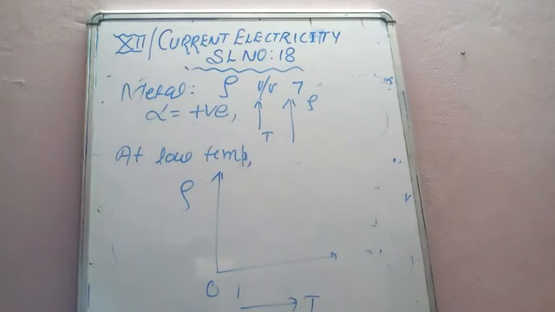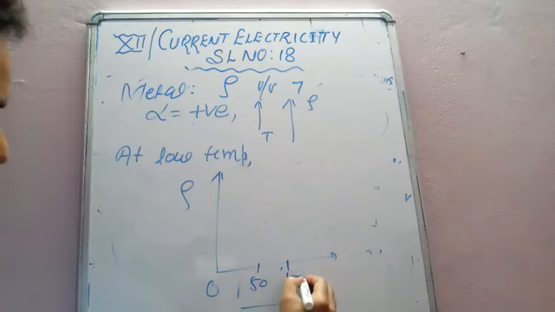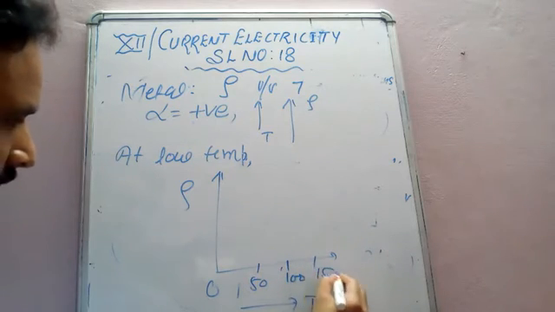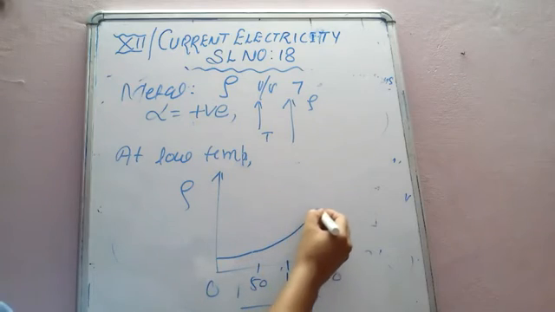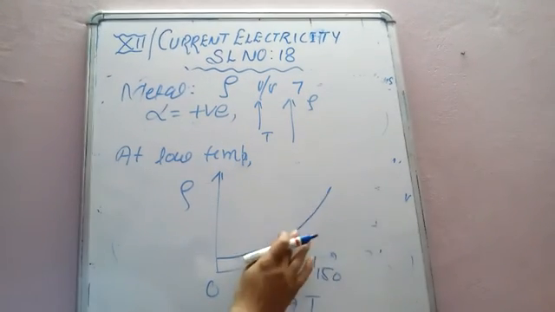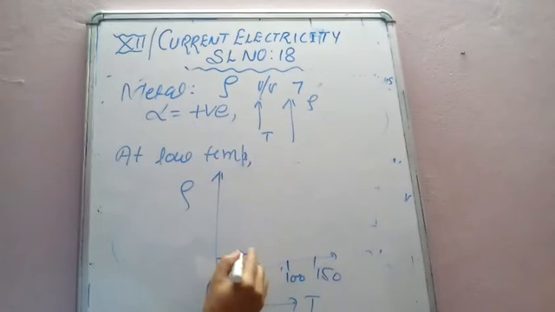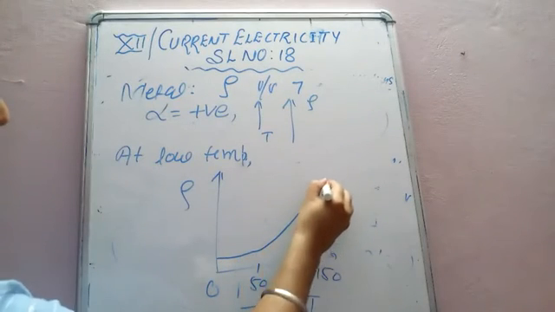For low values of temperature, say this is 50 Kelvin, this is 100 Kelvin and this is 150 Kelvin, for copper and aluminium the pattern of the graph is like this way.